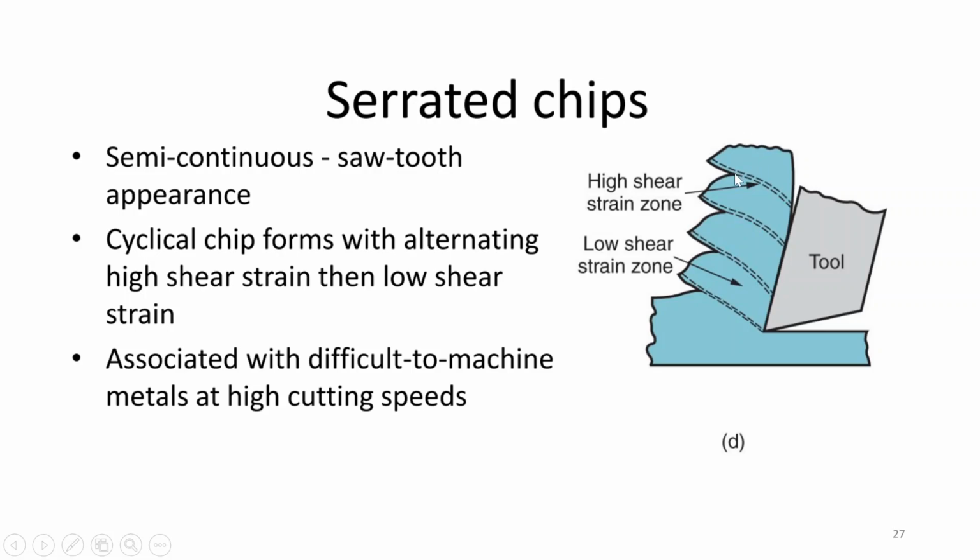Here you have alternate high shear strain zone and low shear strain zone, and these have a cyclical chip that forms with alternating high shear strain then low shear strain, and these are associated with difficult to machine metals at high cutting speeds. So it is mainly material dependent.